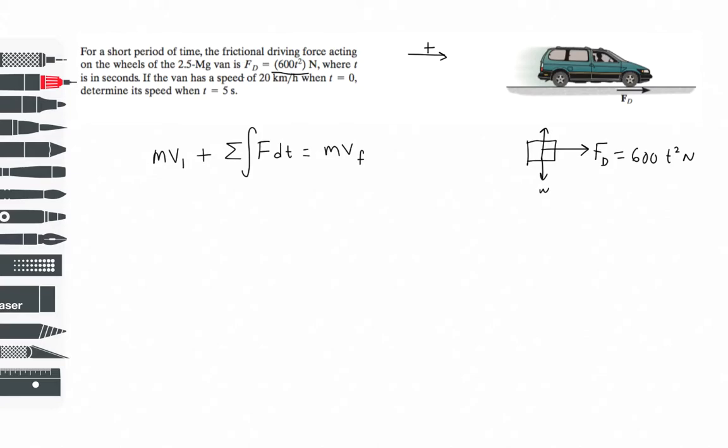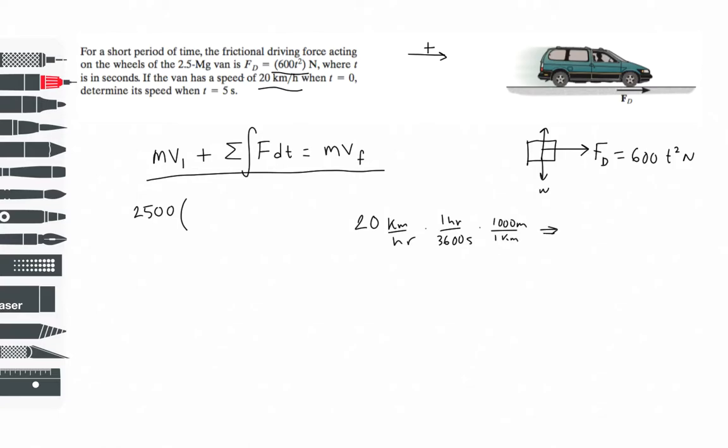So what we're going to do is plug what we know into this equation. We have mv1, so that means the mass, which is 2.5 megagrams, which we want to convert to kilograms, which is 2,500 kilograms, times its initial velocity. Its initial velocity is 20 kilometers per hour, but you want to convert that to standard units, which is meters per second. 1 hour is 3,600 seconds, and 1 kilometer is 1,000 meters.